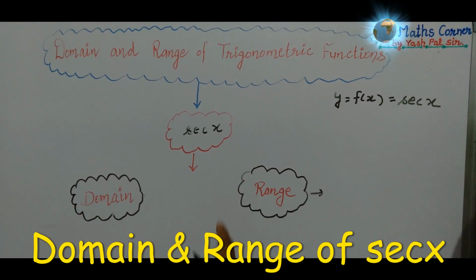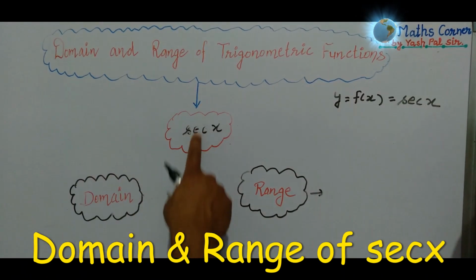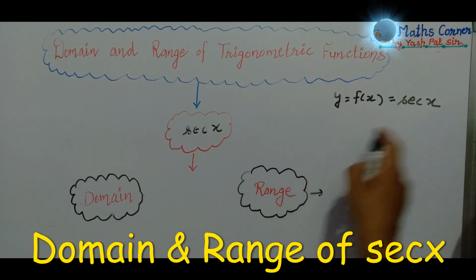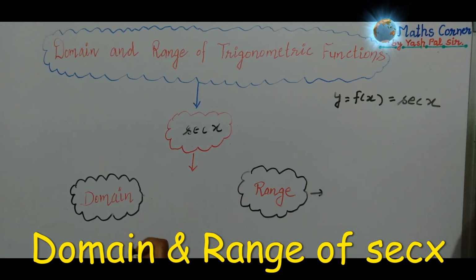Now if we discuss about the domain and range of secant x, then what is domain? Domain here, again x belongs to the set of all real numbers, and x cannot take the value n pi where n is any integer, because at these values secant is not defined.